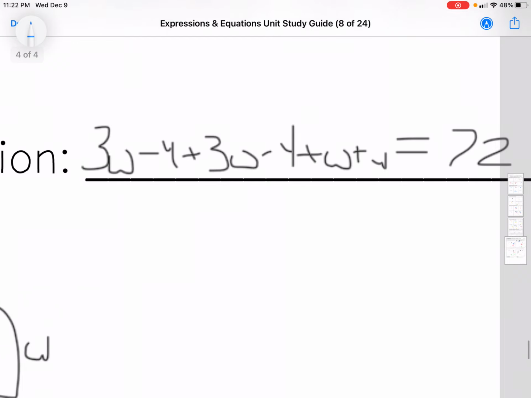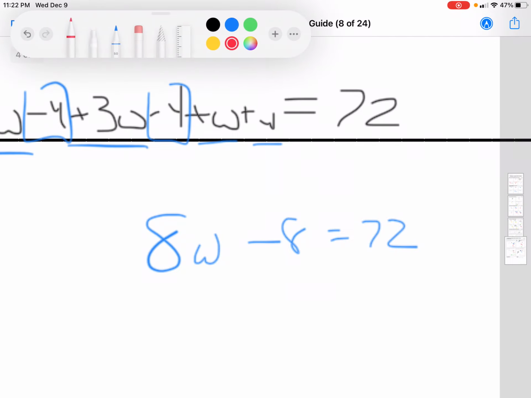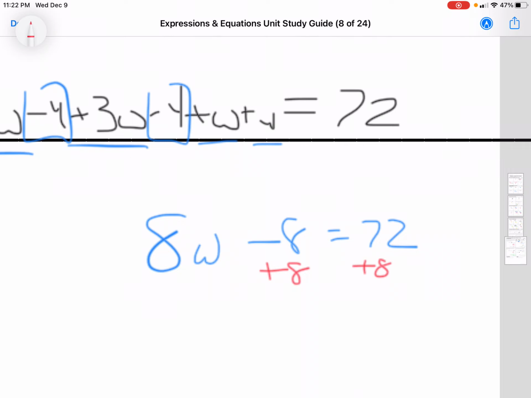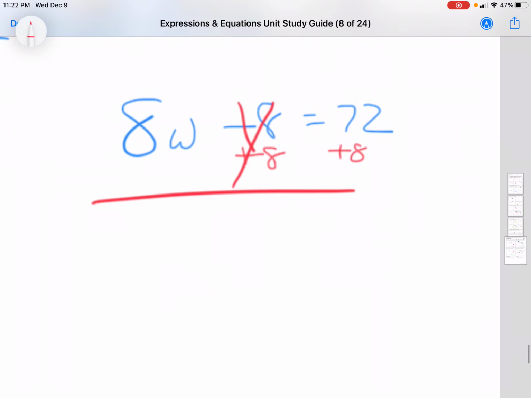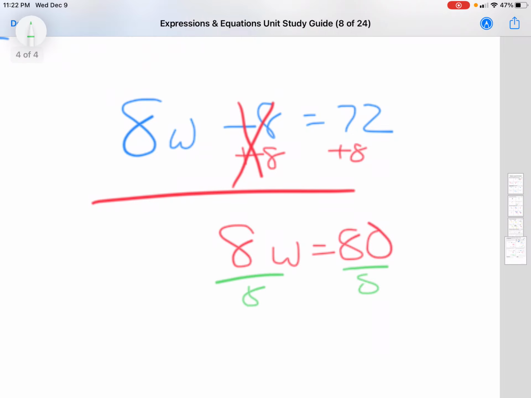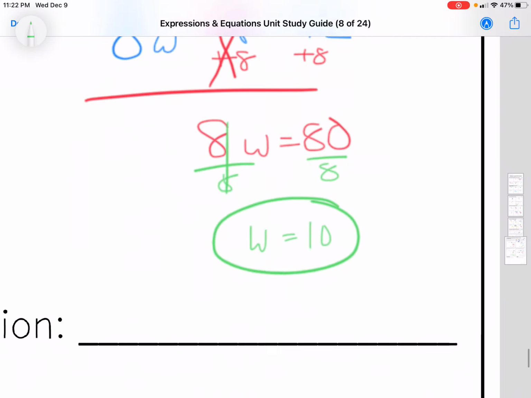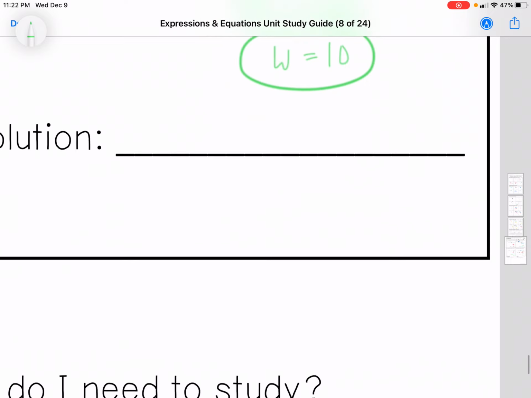That is 3w plus 3w, 6w, 7w, 8w. Minus 4 minus 4 is minus 8 equals 72. Add 8. 8w equals 80. Divide by 8. w equals 10. So the width is 10.